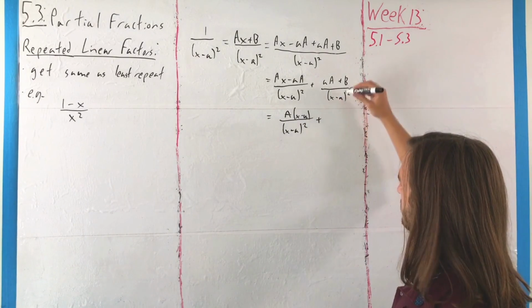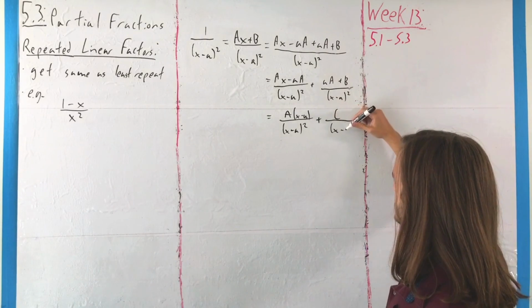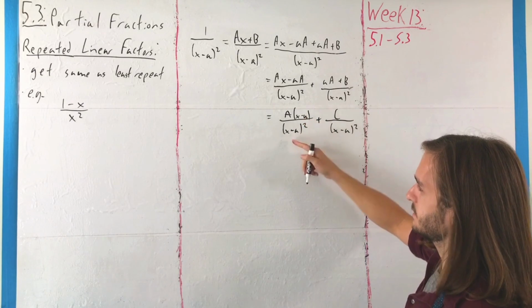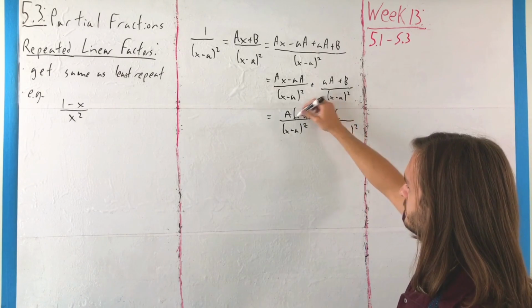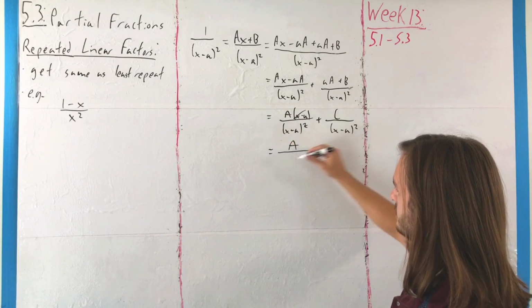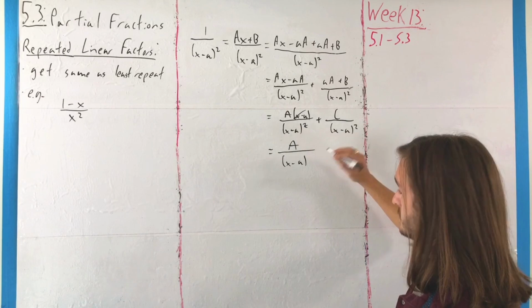So I'm going to save myself a little bit of notation and just call that C. So C over x minus a squared. Here, I have an x minus a and another x minus a. These cancel, and this turns into a over x minus a, no longer squared.